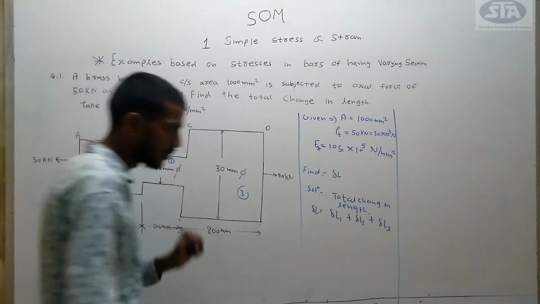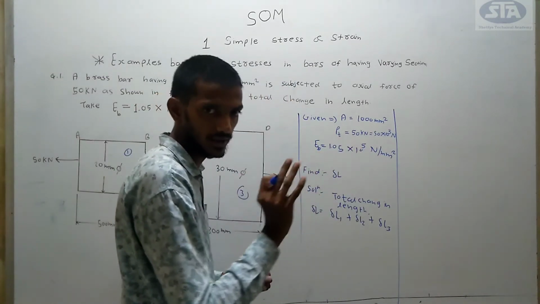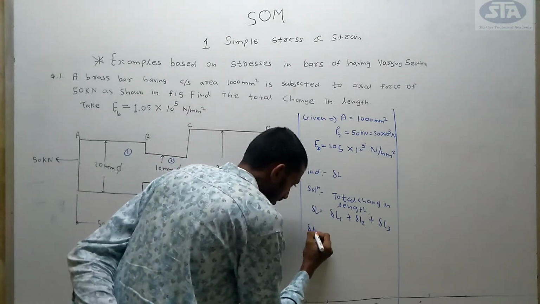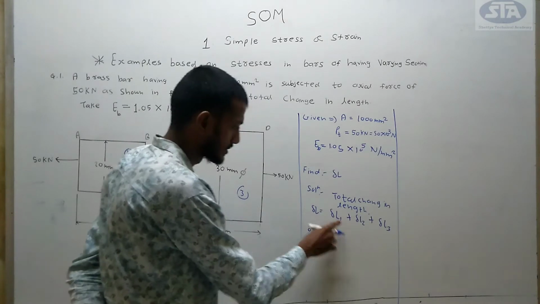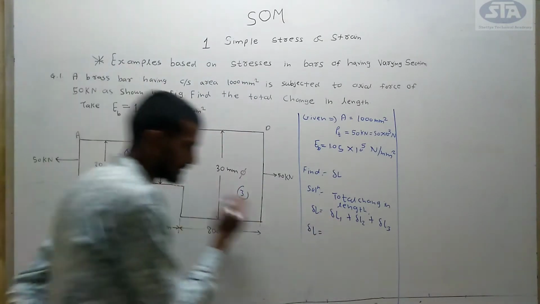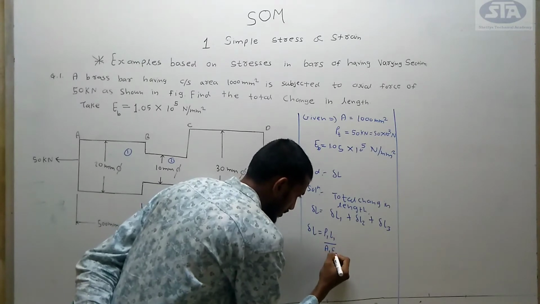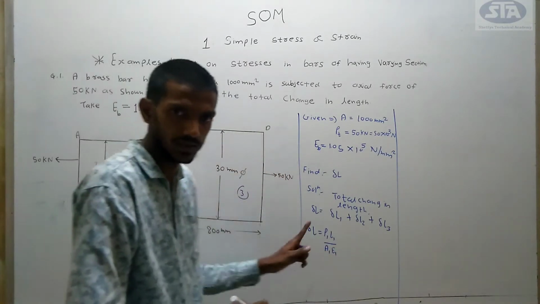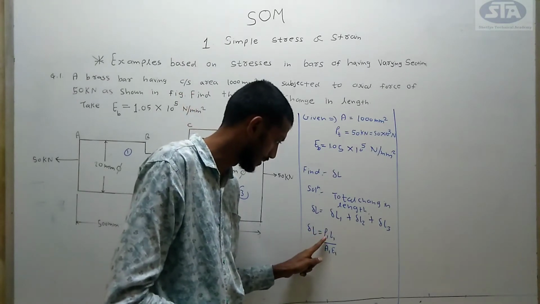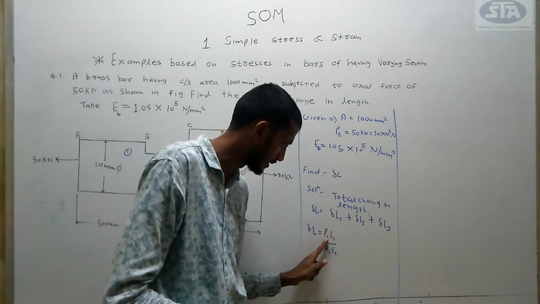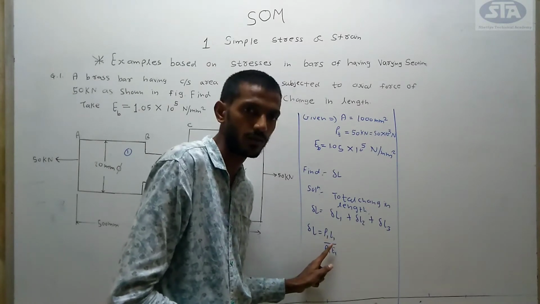Now we know the basic formula of delta L, which is equal to PL by AE. Similarly here, delta L1 for section number 1 is P1 L1 upon A1 E1. Basic formula PL by A E. For reference, for section number 1 we are adding the suffix 1 to every parameter.